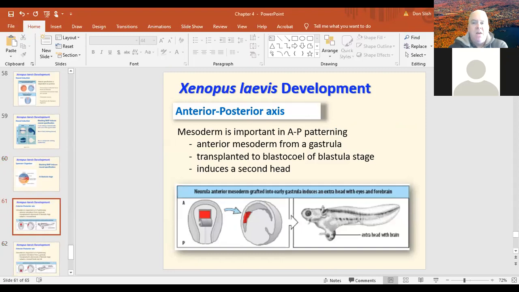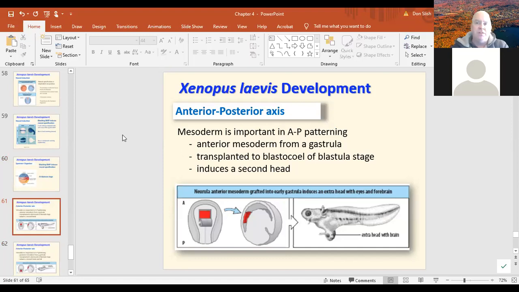Okay, mesoderm. So mesoderm is also important in patterning of the neural tissue. The pattern of the neural tissue is basically brain, spinal cord. You've got the top of the spinal cord down to the bottom of the spinal cord. So that's your AP patterning.